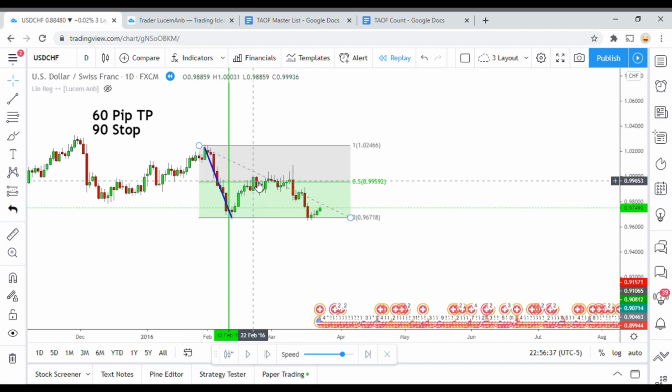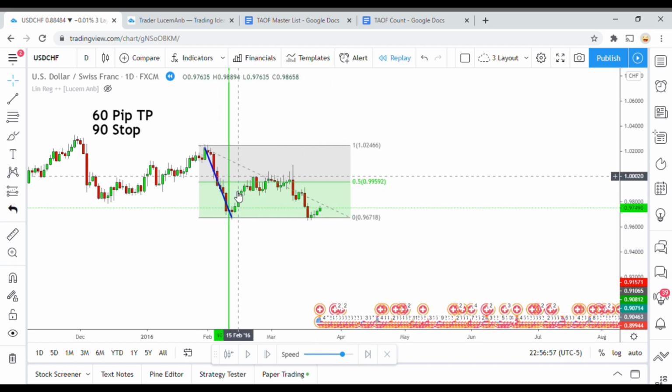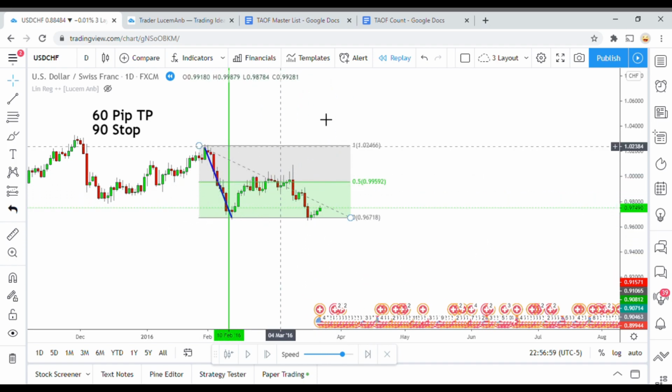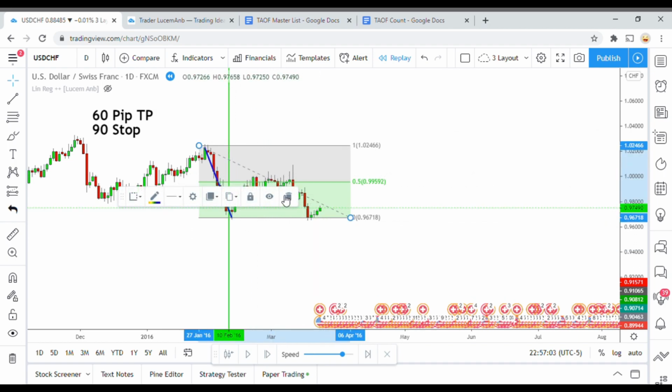You'll see this a lot: a 50% retracement tends to stall out the price action. It will sometimes have a significant pullback there before it continues in that direction, but quite often it just does a complete reversal and rejection of the move that it was trying to make.